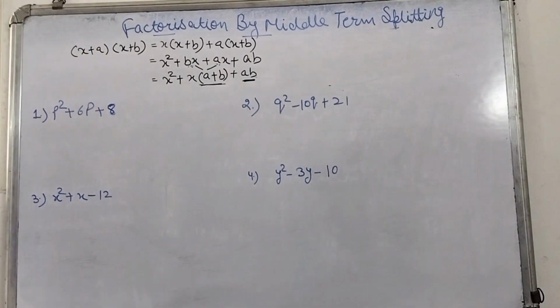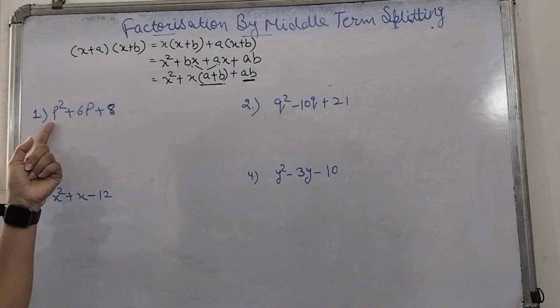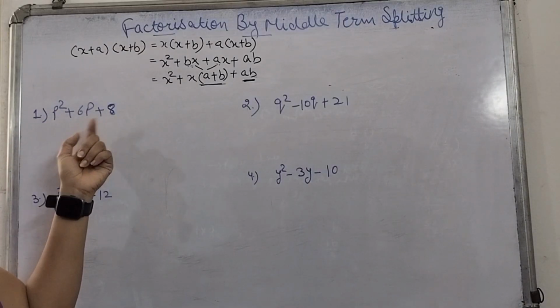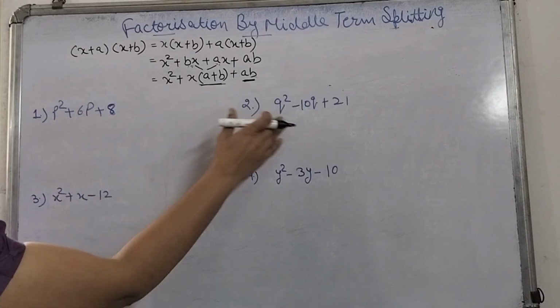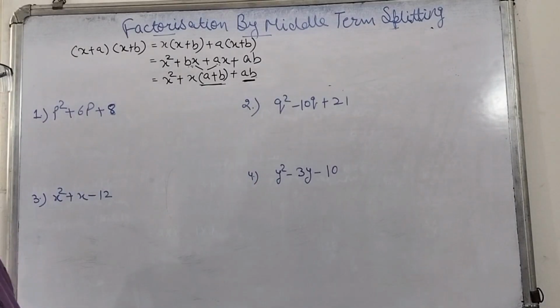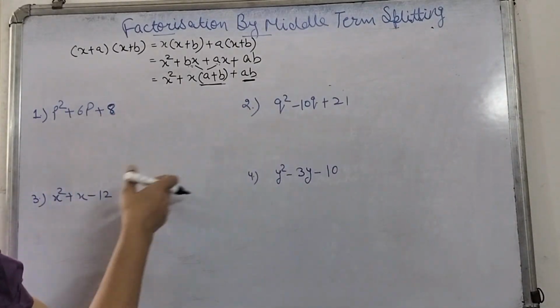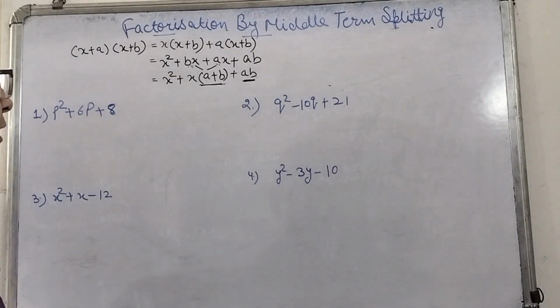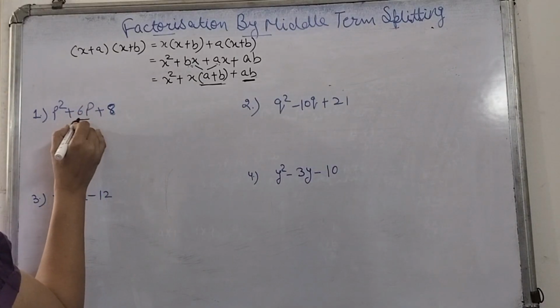Let's see some examples. The first question is p square plus 6p plus 8. First of all, we have arranged all these in descending order of the degree. In each and every case, they are in descending order of the degree only. Now see, the middle term is 6p.